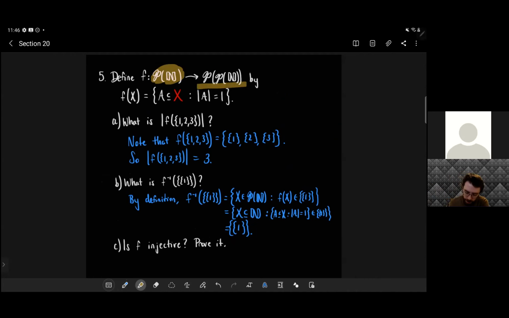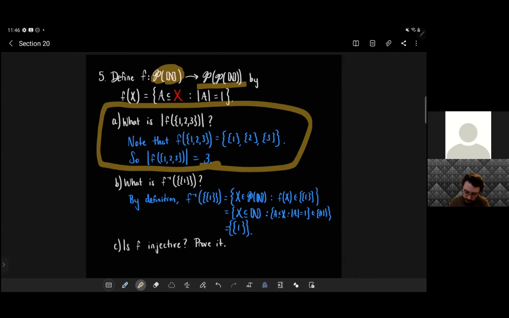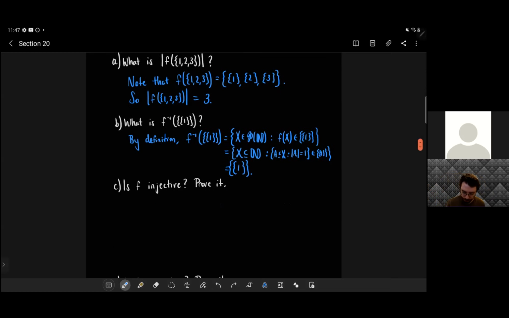You should think back to part A. Whatever set you give me, it spits out the split version of it. You take all the singleton sets and collect them together. So if I started with a different set, maybe 1, 2, 4, it would spit out the set containing 1, the set containing 2, the set containing 4, which is distinct from what it spit out in this case. So it should feel injective.